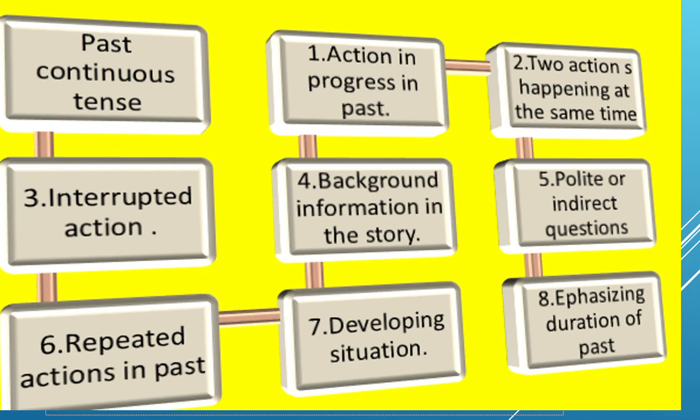Example: the sun was shining and the birds were singing. That is an example that shows us how to set the scene or describe the atmosphere in the past. You need to talk about that by using past continuous tense.